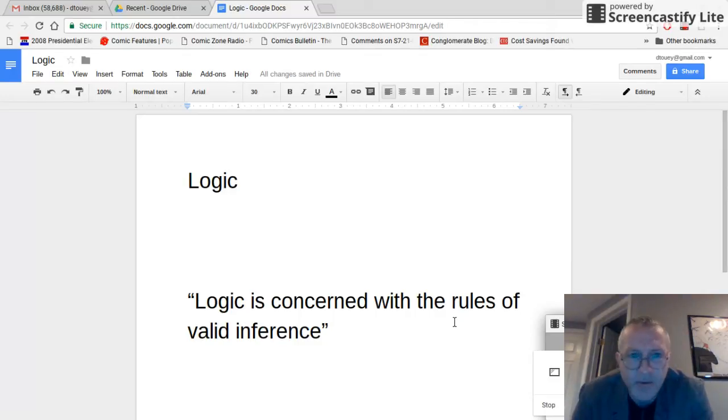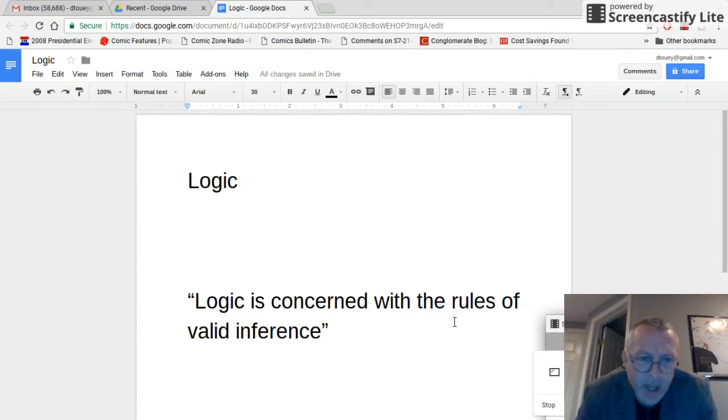By logic, we could refer to the study of the rules of reasoning. Here, in this quote from another source, a book on logic, there is a definition of logic, which says logic is concerned with the rules of valid inference.